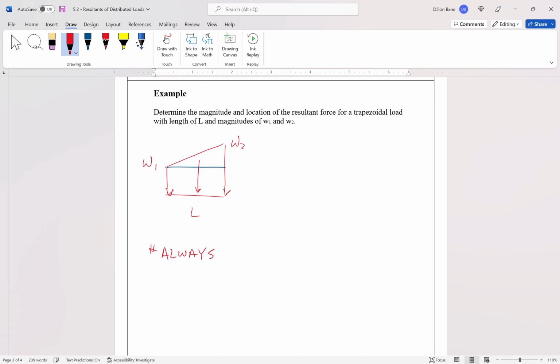But just always treat trapezoid loads as a triangle load with a uniform load.